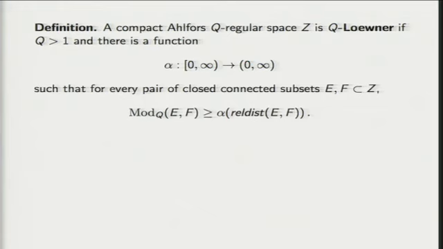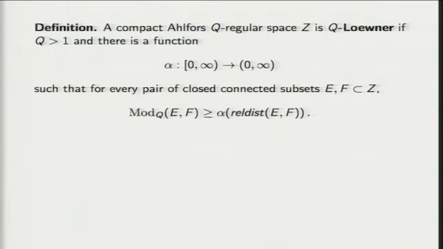Okay, so a Q-regular space is Q-Loewner here, if Q is required to be bigger than 1, and you have some function alpha, so that if you have two subsets E and F, then their modulus is bounded below by some function of the relative distance. Okay, so in other words, if the relative distance isn't big, then the modulus can't be too small.